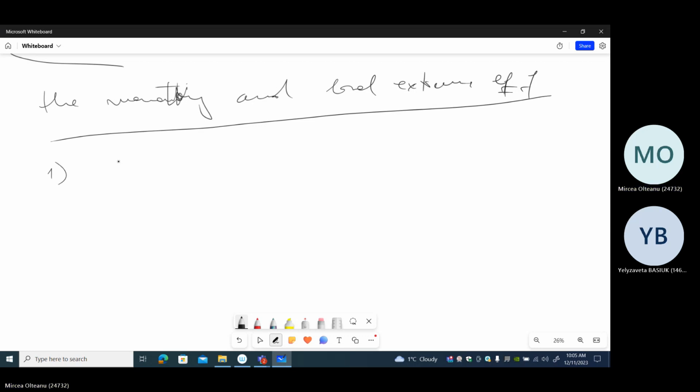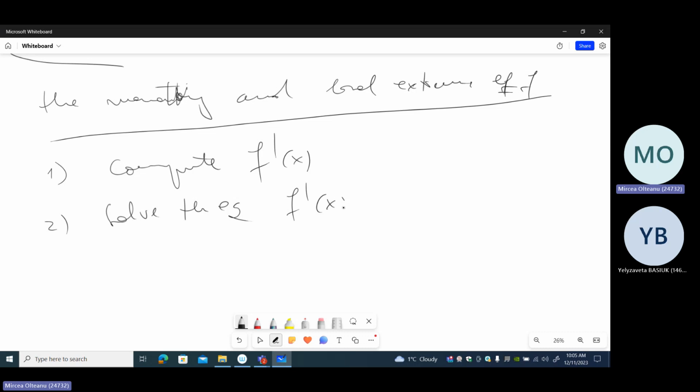First, compute the derivative, then solve the equation f prime of x equals 0. The solutions of this equation are called critical points.